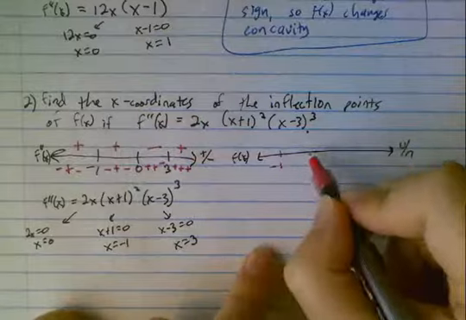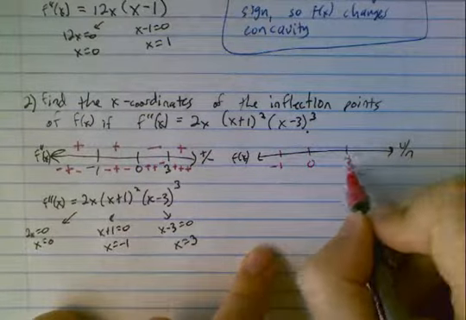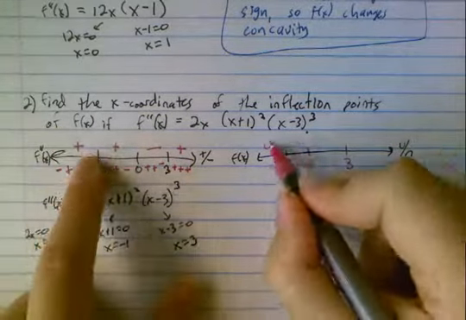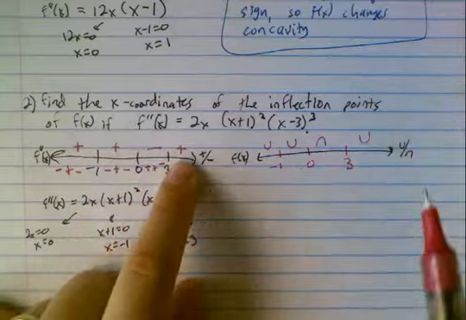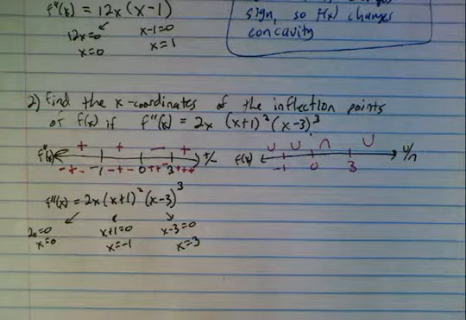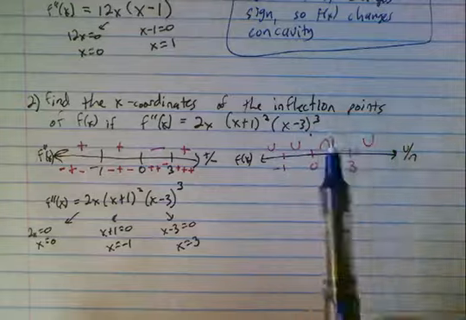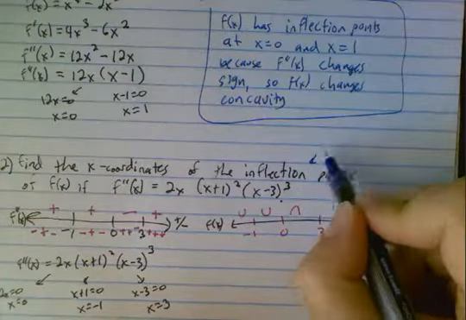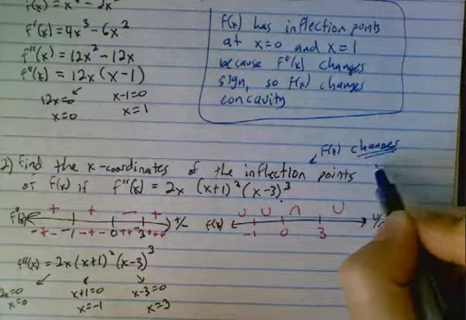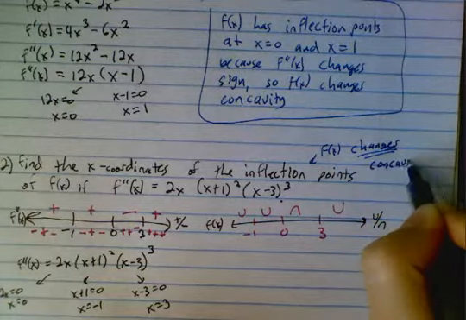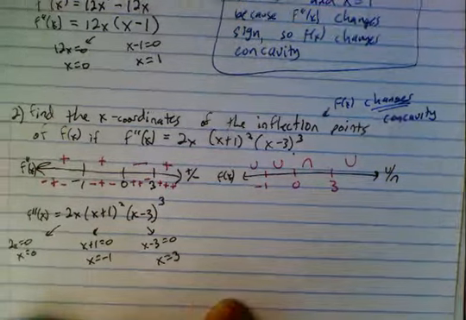And now we translate. Positive becomes concave up. Negative becomes concave down. Positive becomes concave up. So remember, we're looking for inflection points, a change in concavity.